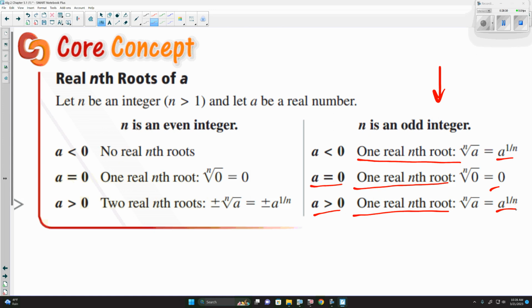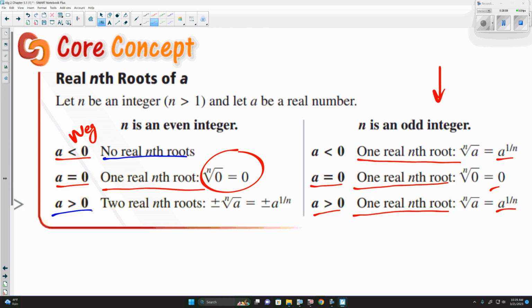Even roots. If we take a less than 0, I had those flipped, a less than 0, so negative numbers, we have no real nth roots because we can't take the even root of a negative number and get a real root. Now, if we take the even root of 0, we get one real root, and that root is 0.